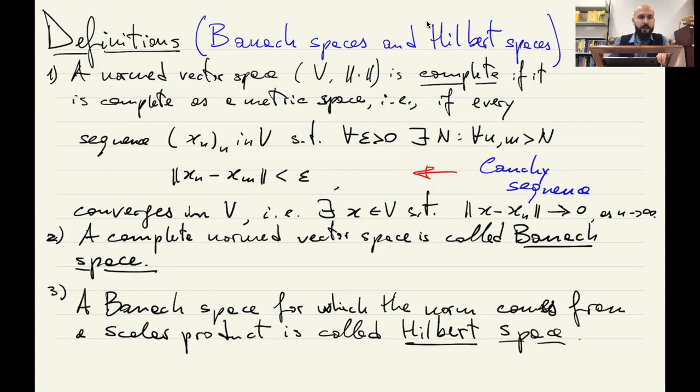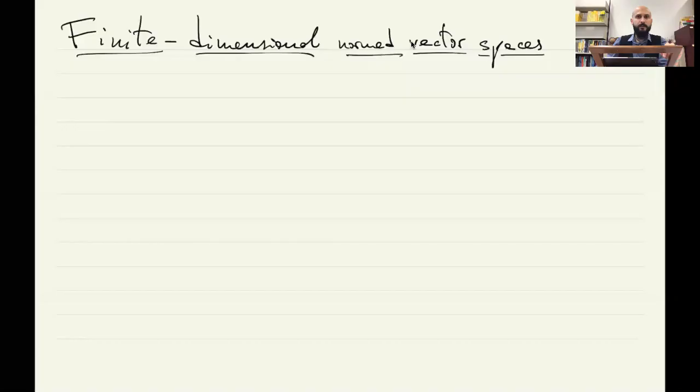In other words, a Hilbert space is a vector space equipped with a scalar product for which the associated distance is complete. Cauchy sequences converge.